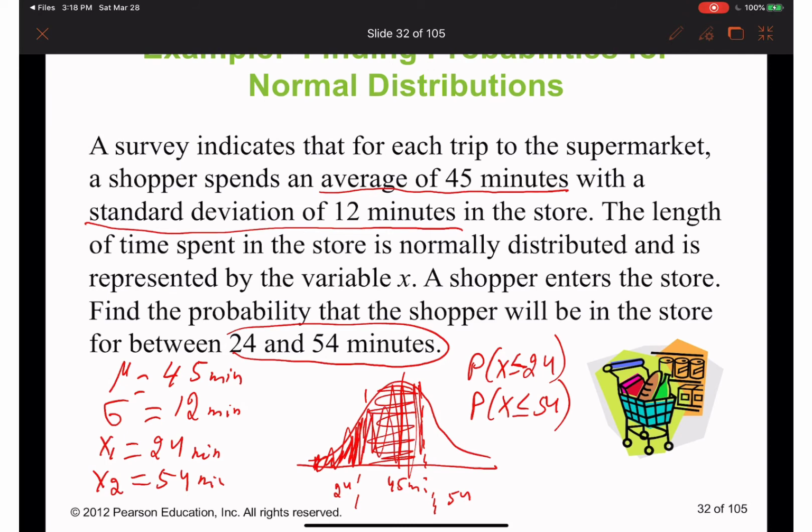And when we take this piece and subtract it from this piece, you will get this piece.